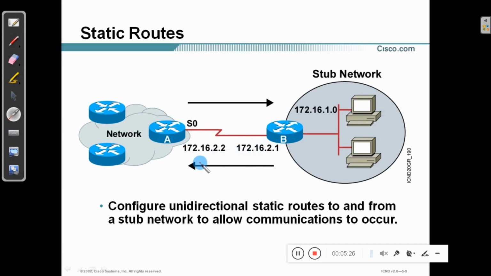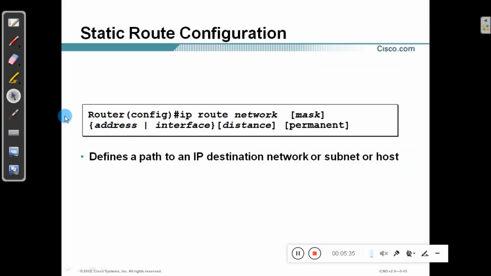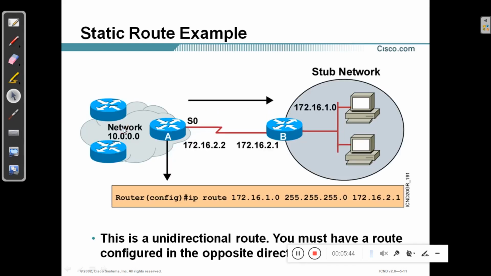So the administrator has to configure a unidirectional static route to and from the stub network. How do we configure the unidirectional static route here? Normally the command used is ip route, in configuration mode. In configuration mode you have to use ip route followed by which network, 172.16.1.0.